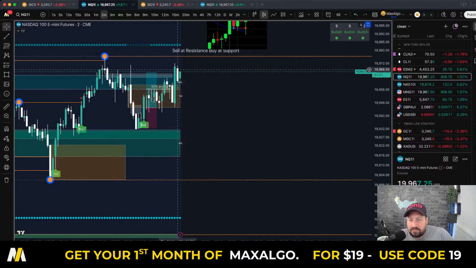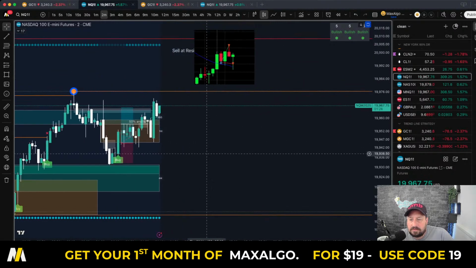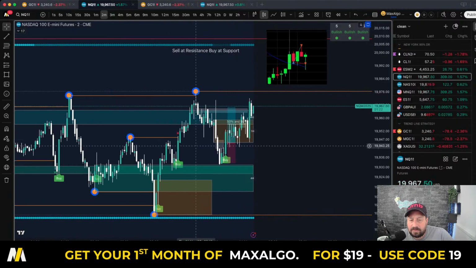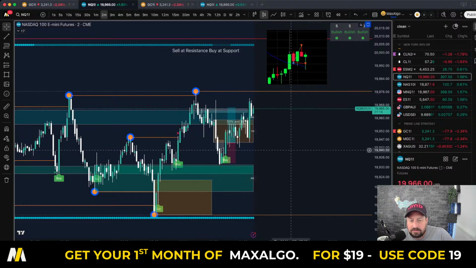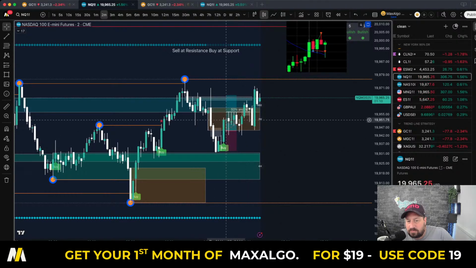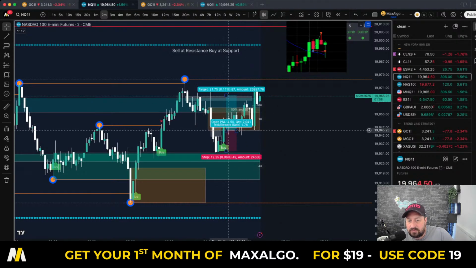Break above. We've taken the high of the hour. Because this candle was too big, this is where I took the retracement.